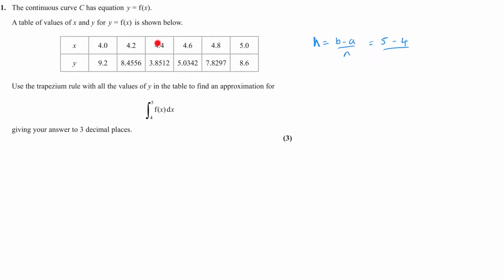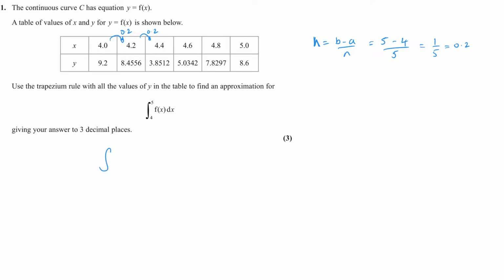So we got 1, 2, 3, 4, 5, 6 readings, and that corresponds to 5 strips. So it's 1/5 or 0.2. Now you can also tell this by what it's going up in. So each of these is going up in 0.2. And that's your value of h.